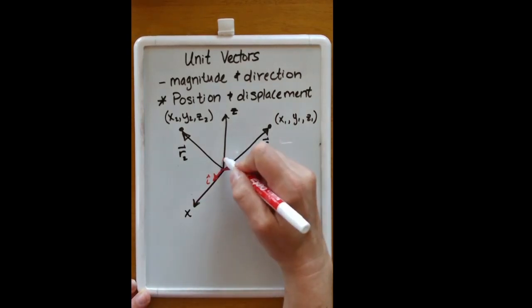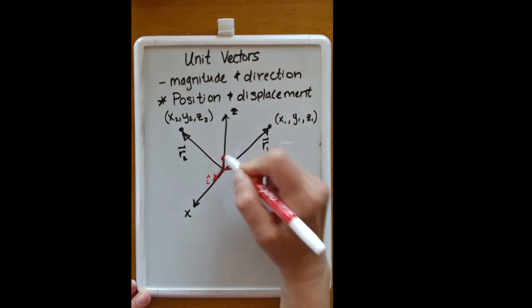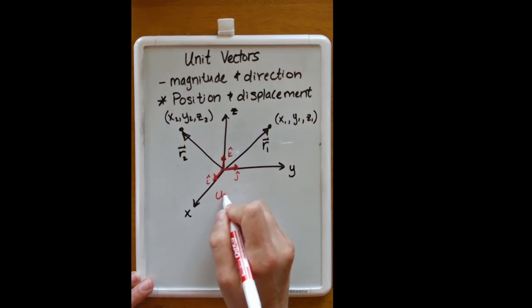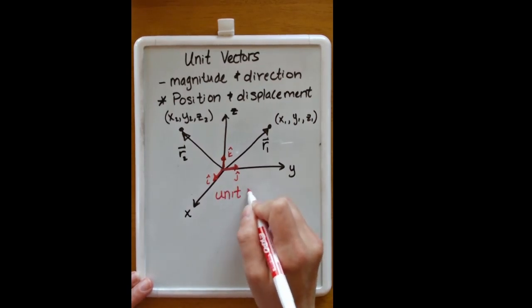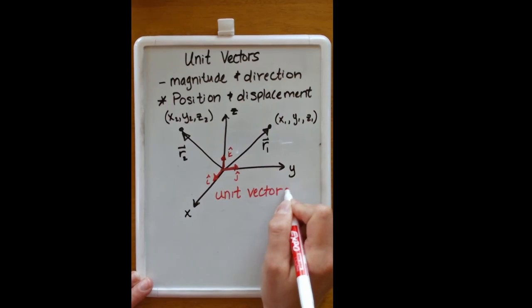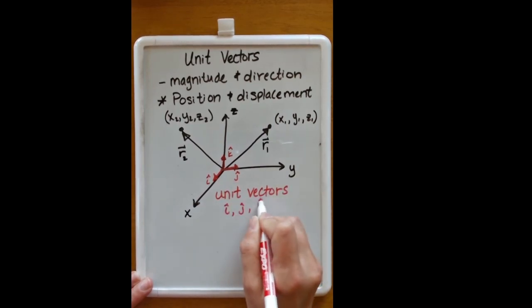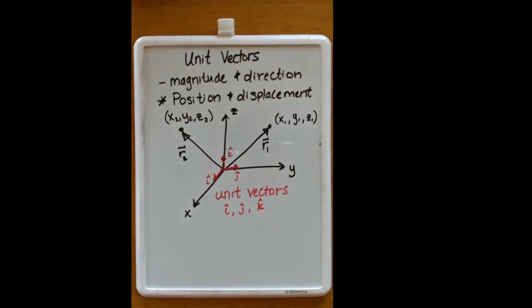And along the z-axis, it will be called k hat. So those are what we call unit vectors: i hat, j hat, and k hat. So they are vectors. They indicate a direction along an axis, and their magnitude is 1. So they won't change the value of your vector or your numbers at all because it is just a unit of 1.